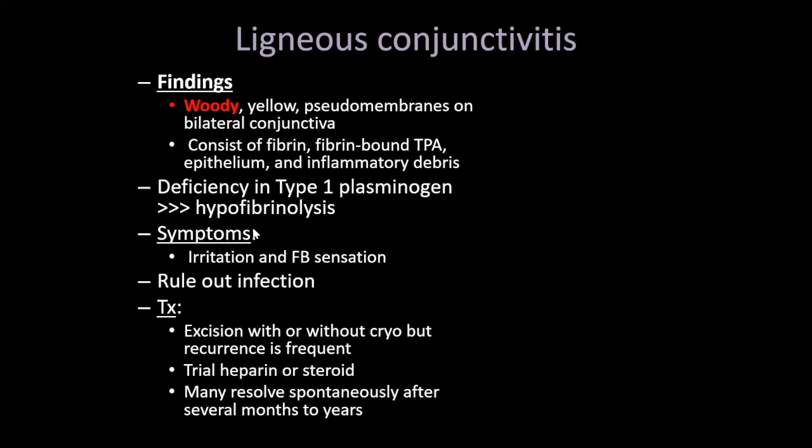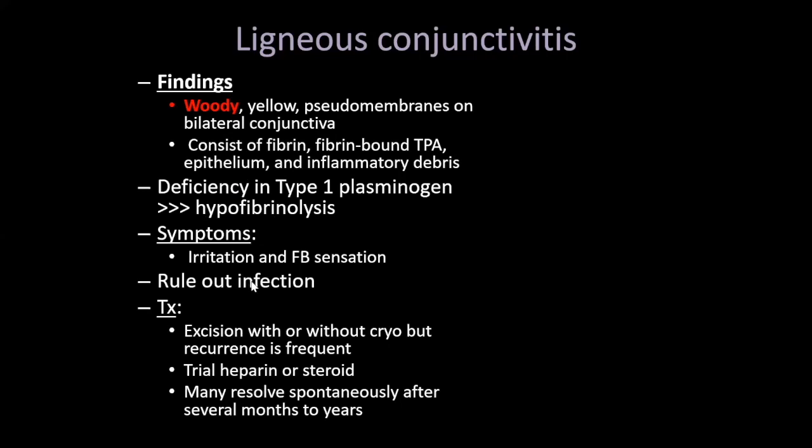So there is hypofibrinolysis. And you have woody yellow pseudomembranes bilaterally involving the conjunctiva. And these pseudomembranes consist of fibrin-bound tissue plasminogen activator, epithelial cells, and then inflammatory debris.